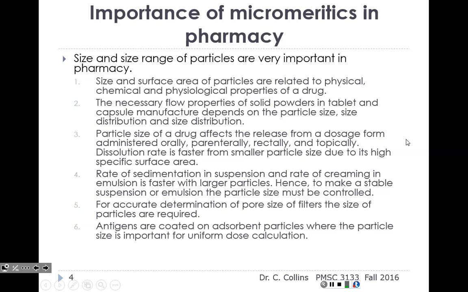How the particles pack together matters because how they mix with other particles would make a difference. The flow properties of particles. Sand flows pretty well because its particles are roughly spherical and pretty uniform, with a fairly small particle size distribution in most sand. Most pharmaceutical powders aren't that narrow.